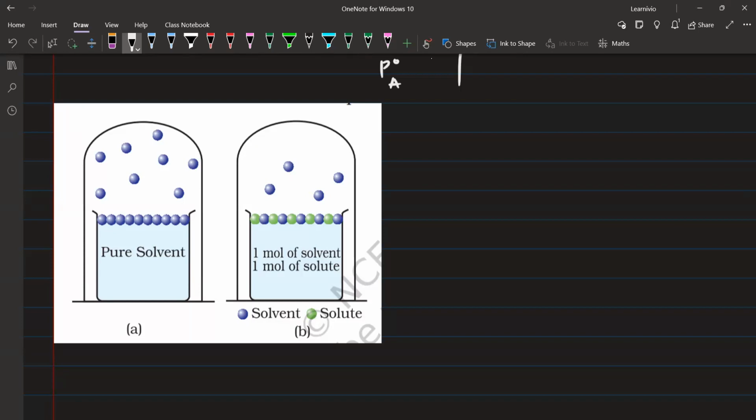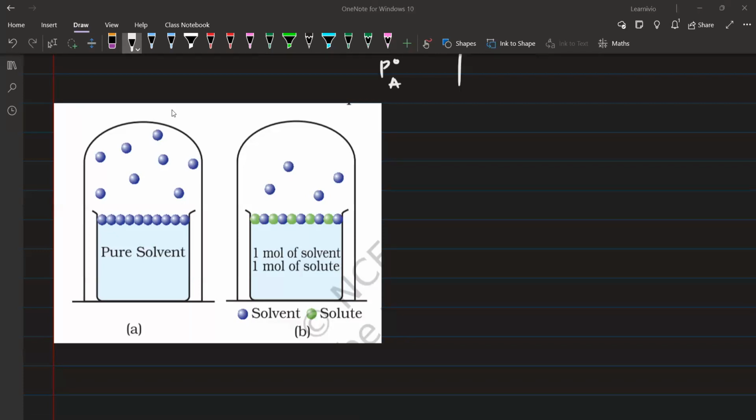Earlier there were solvent molecules which are now replaced by solute particles. So the amount of solvent particles on the surface has decreased. That is why the evaporation has also decreased, because evaporation is a surface phenomenon. If you have fewer solvent molecules on the surface, the evaporation will also be less. That is why we get fewer vapors and the vapor pressure decreases.